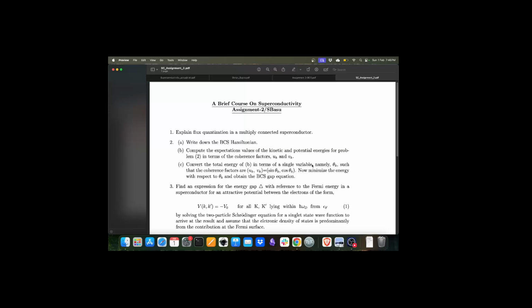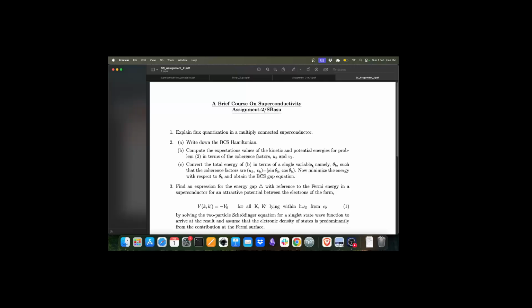So the way we wrote the Hamiltonian: xi k is some energy, ck dagger, c minus k dagger, summed over all k states, and of course the spin part will also be there, so sum over k sigma.